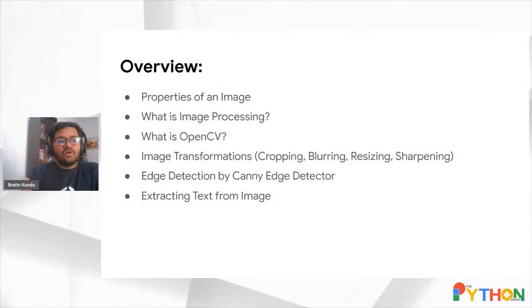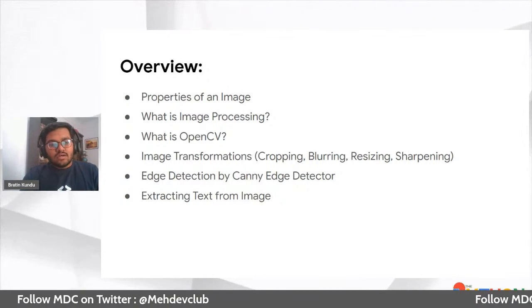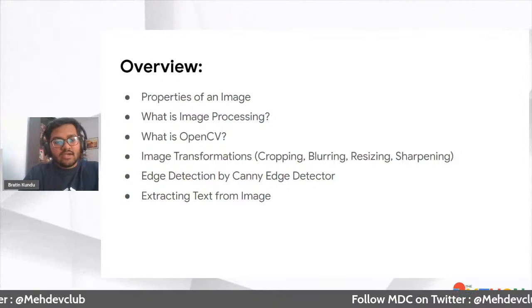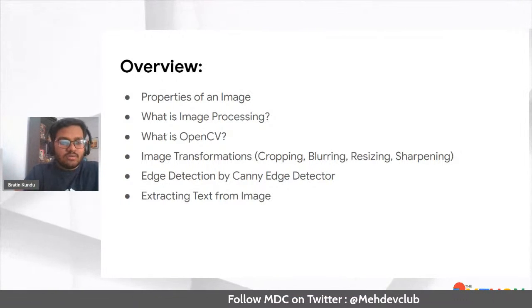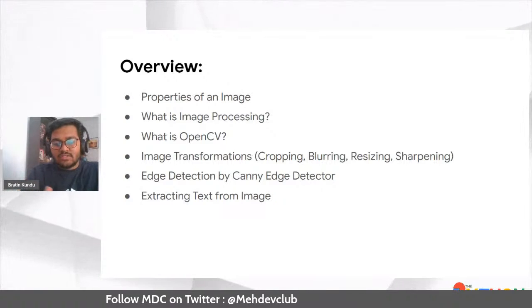First of all, we'll be discussing what the properties of an image are. Then we will go on to what image processing is. Then we will look at what OpenCV actually is and how it works, and then we will do some hands-on with OpenCV, doing some image transformations like cropping, blurring, resizing the images, or sharpening the images, and all those things. Then we will be looking at one of the algorithms that people use for edge detection of any image.